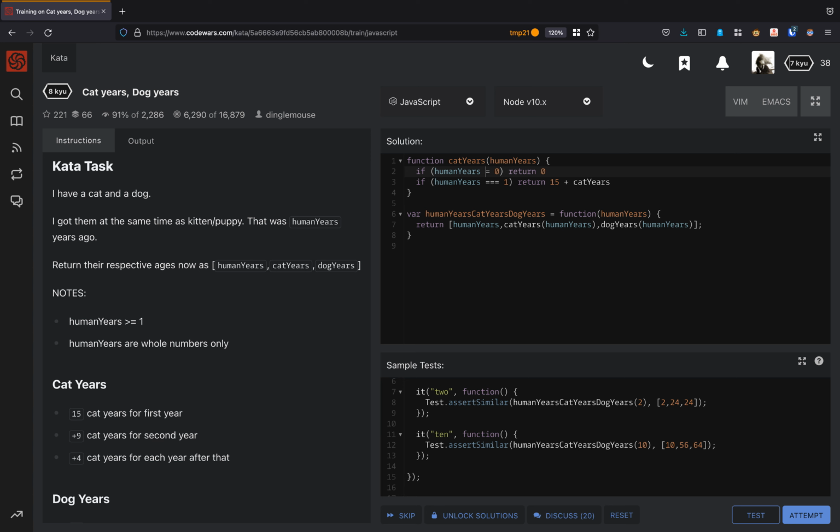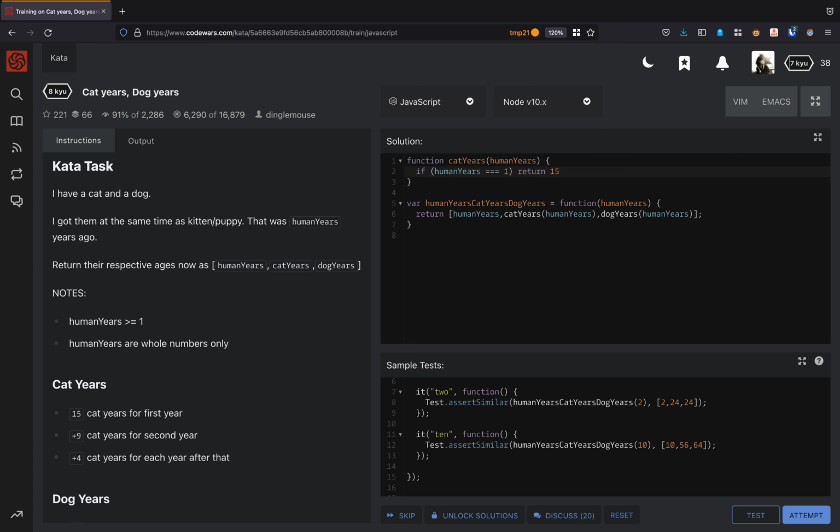Actually, we didn't need to consider negative numbers, and human years should be greater or equal to 1. So let's not consider that then. So human years is 1, that's our terminal case, the termination point of this recursion.